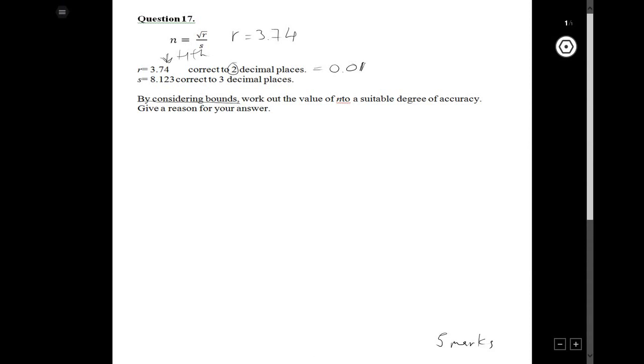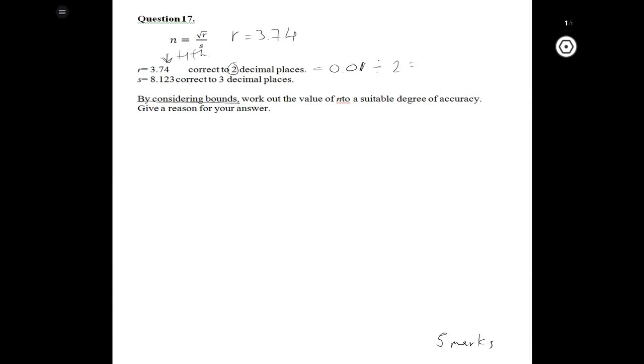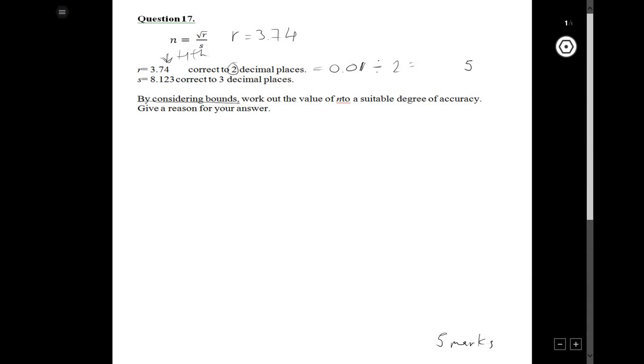After you work out the place value of whatever degree of accuracy the question wants from you, you have to divide that by 2. I suggest you always do that in your calculator. So in my calculator I'm typing 0.01 divided by 2, and it gives me 5 times 10 to the power of minus 3, so it's annoyingly in standard form, but I can recap standard form quickly.